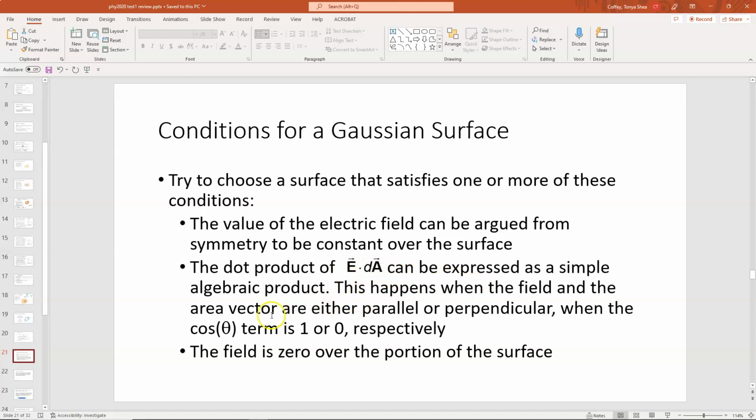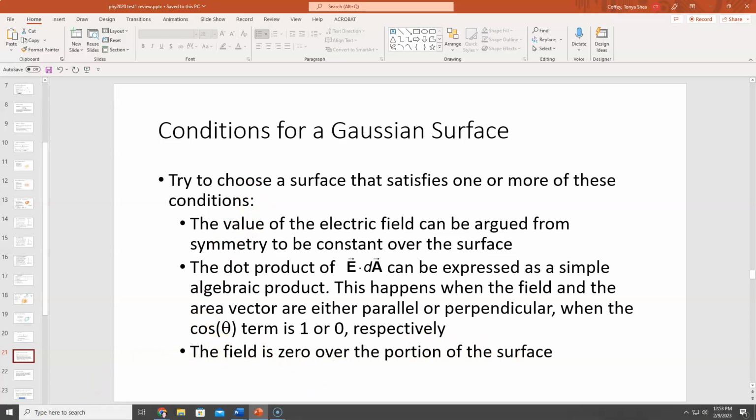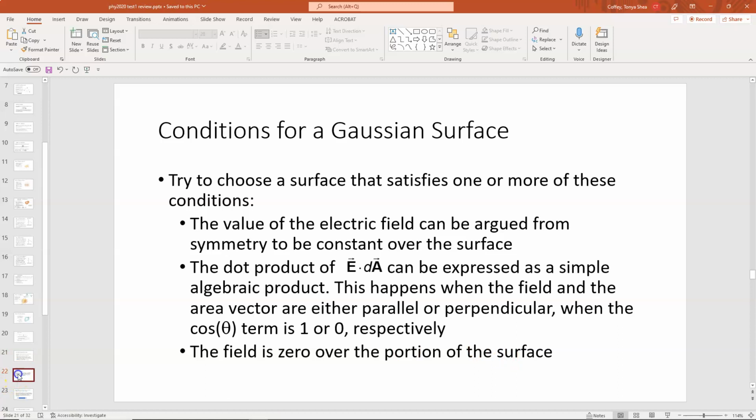This happens when the field and the area vector are either parallel or perpendicular, which is when the cosine theta term from the dot product is either 1 or 0, respectively. So you don't want your cosine of theta to vary between 0 and 1 over the surface. You want it to be either 0 or 1 everywhere, and that's it. Also, if the field is 0 over a portion of the surface, that helps too.